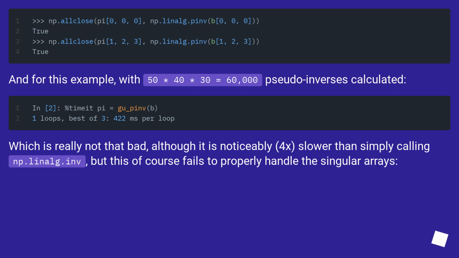And for this example, with 50 times 40 times 30 equals 60,000 pseudo-inverses calculated, it is really not that bad, although it is noticeably 4x slower than simply calling np.linalg.inv, but this of course fails to properly handle the singular arrays.